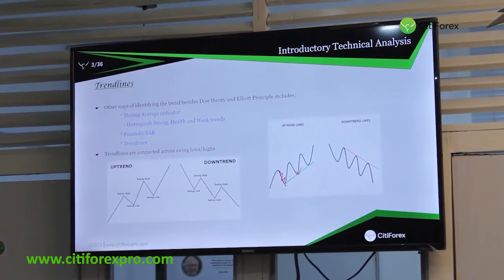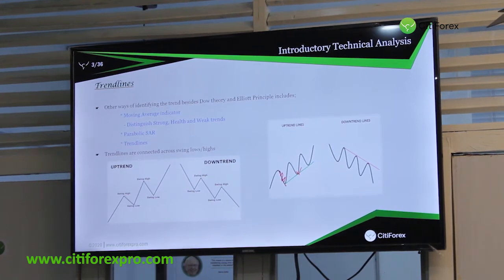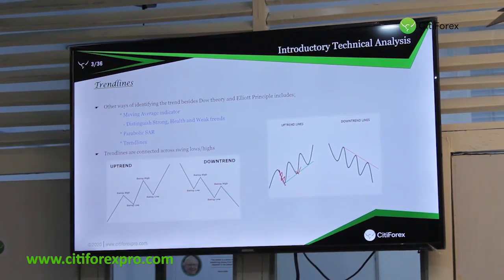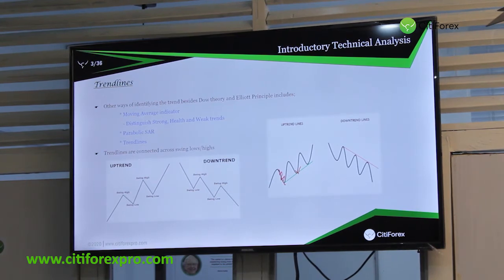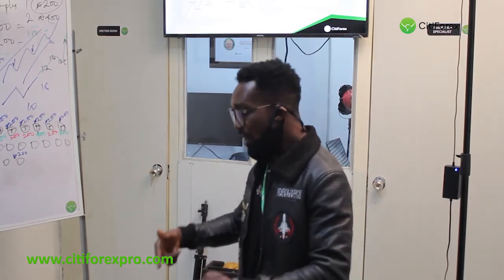We call it swing low and swing high. It has to be a pivot point. It's very important. Trend lines are like the pillar of technical analysis. If the line is correct, you now actually have that 60% chance of trading with the trend and doing the right thing.